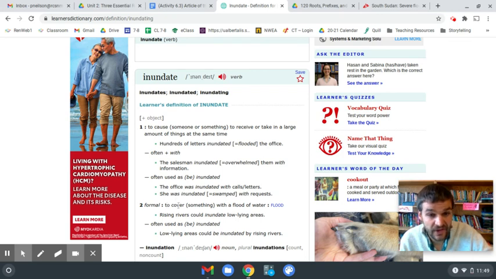Number two, to cover something with a flood of water. That definition is actually even closer to what we're talking about in this article, right? Rising rivers could inundate low-lying areas. This is saying that the flood was inundating homes. So the homes are, in a sense, being covered with water.